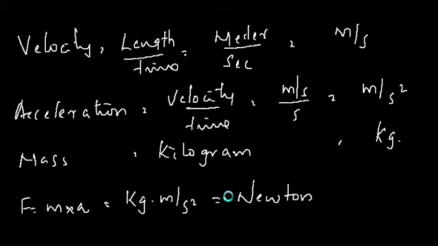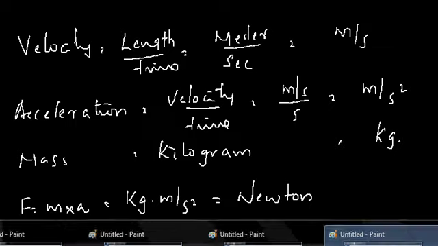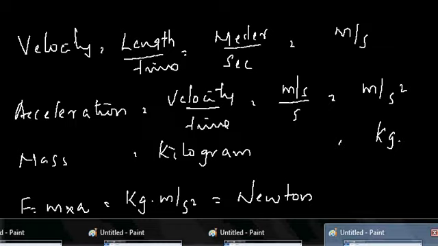So 1 Newton is the force required to move 1 kilogram at an acceleration of 1 meter per second square in SI system. Now let's see a different unit system and check between these two.